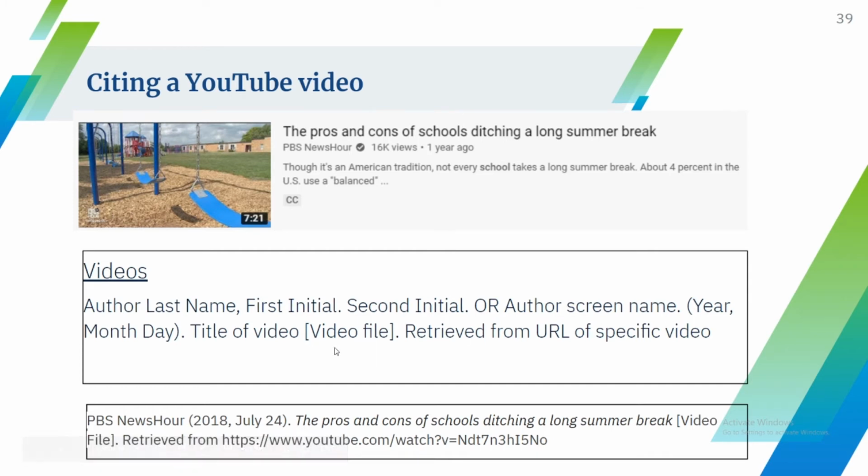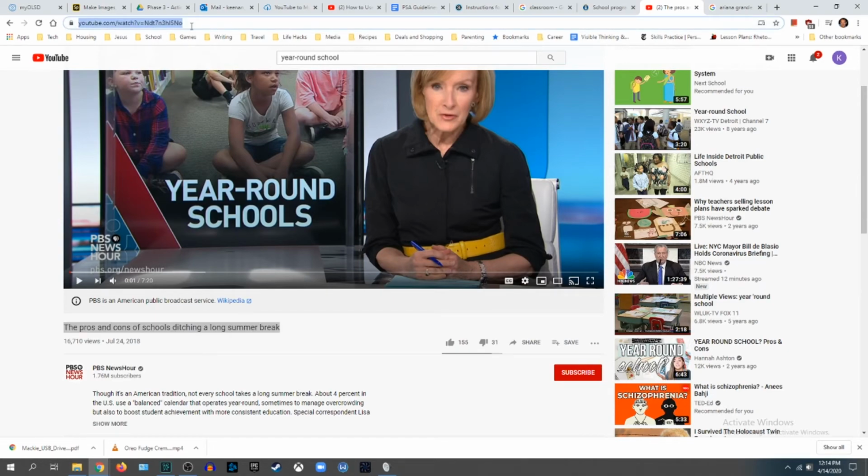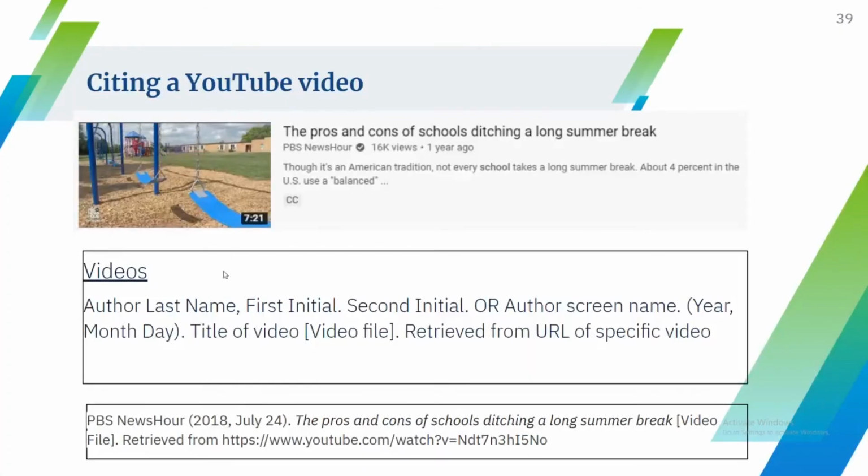After the title of the video, I want the phrase video file in brackets. That's just what we're going to call it, video file. This is APA. Period, and then retrieved from, and again, I need the URL, so I'm going to copy and paste up here the URL. Boom, retrieved from, got it.